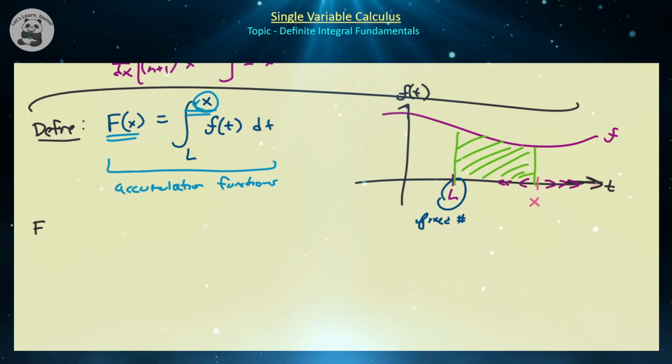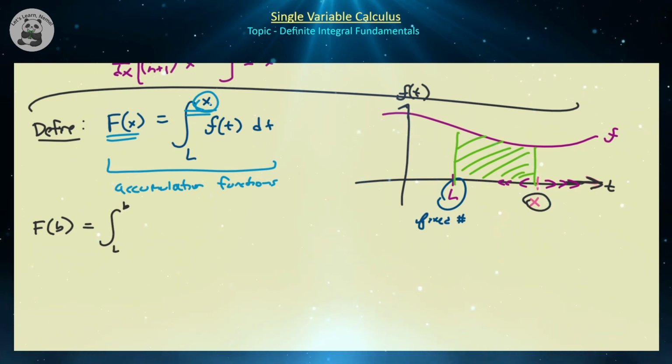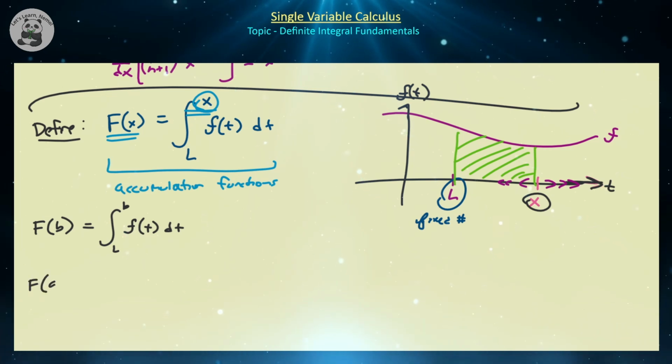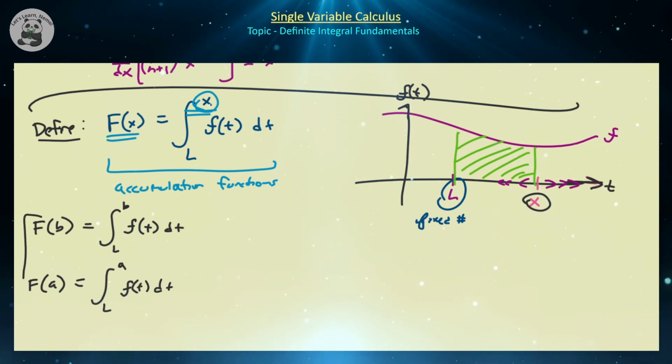So a couple little things that we would have here. If I pick a particular number b, then x will be equal to b, and that's going to give me the integral from L to b of f of t dt. And I could pick another number besides b, I can call it a, and that's going to be equal to the integral from L to a of f of t dt. That just represents two different areas under the curve from L to two different numbers.